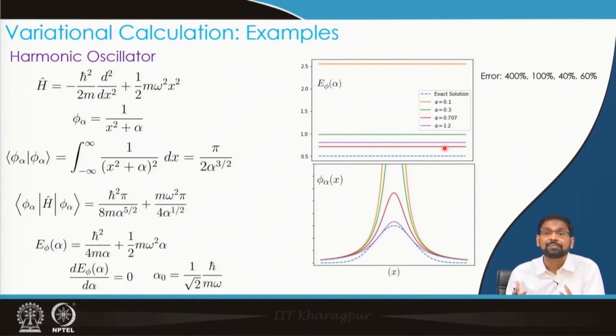For example, if I evaluate the expectation value of even the kinetic energy or the potential energy, it may have a different outcome there. If I evaluate the dipole moment or any other properties, in those cases I cannot guarantee that the variational wave function that I am getting would be the best wave function to obtain those properties.